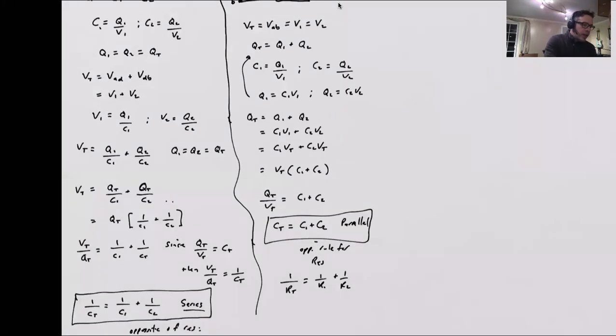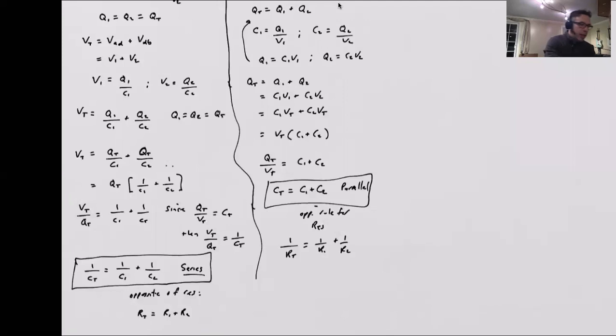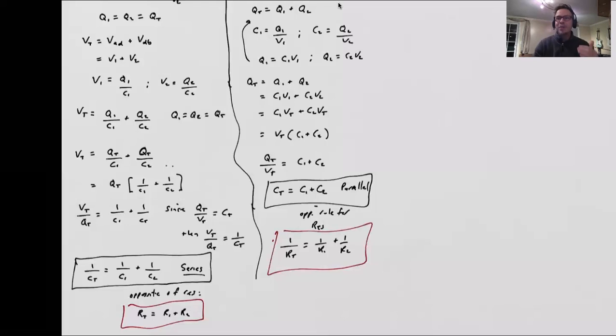So if we take a look back and summarize these two formulas in boxes and compare them to the ones that I'm about to put in a red box, we literally see that we can take what we already knew about resistors and how they combine in series and parallel. And by the same rules that got us there in the first place, we see that the rules for capacitors adding in series and parallel are the exact opposite rules.